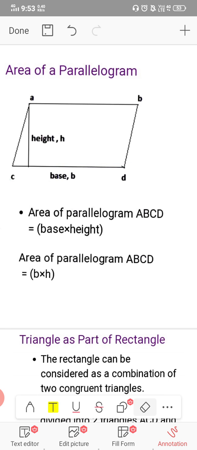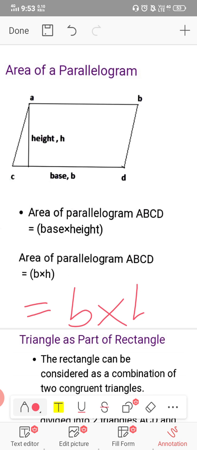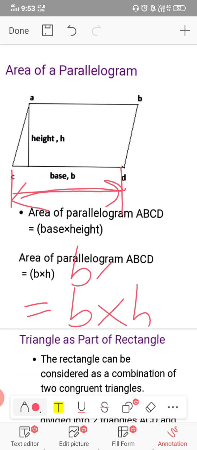So for the area of a parallelogram, the formula is B into H. B means base, and the base distance is from C to D. H is the height, which is a perpendicular line.